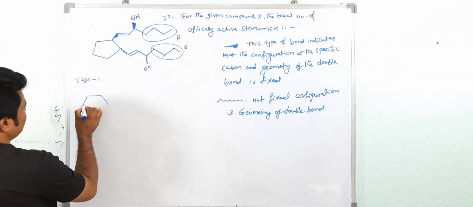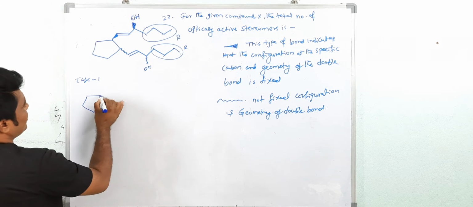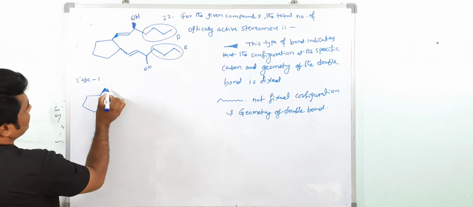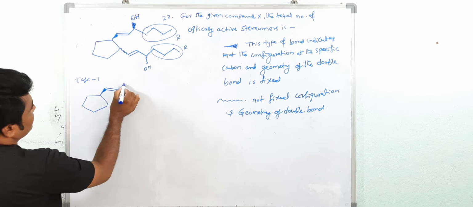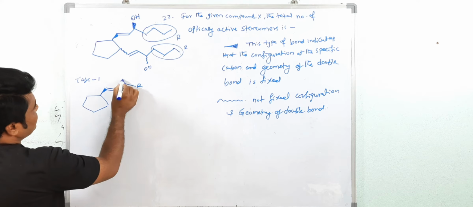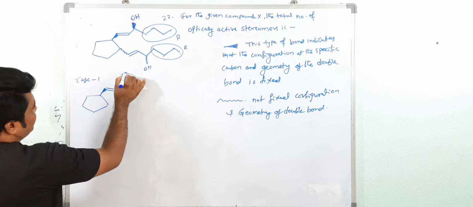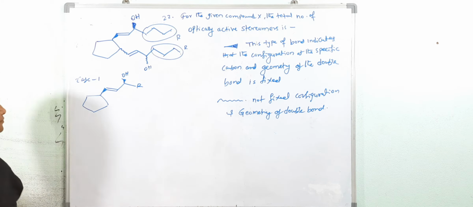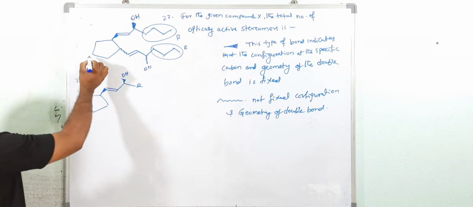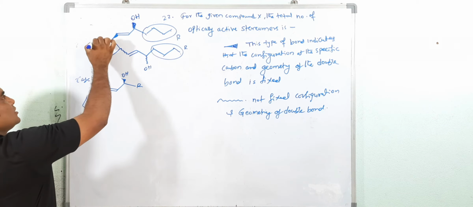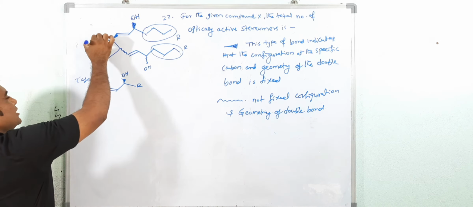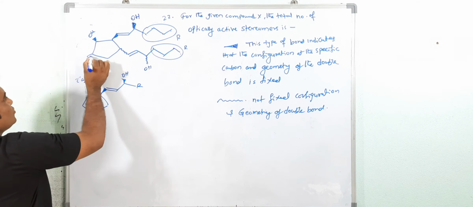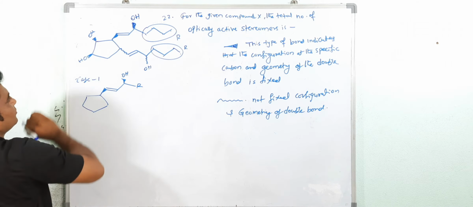Okay, now here this is above the plane and this is the pi bond, and see I am considering R and this is above the plane, does not change, this is fixed. Okay, and here also some groups are there in your reaction.